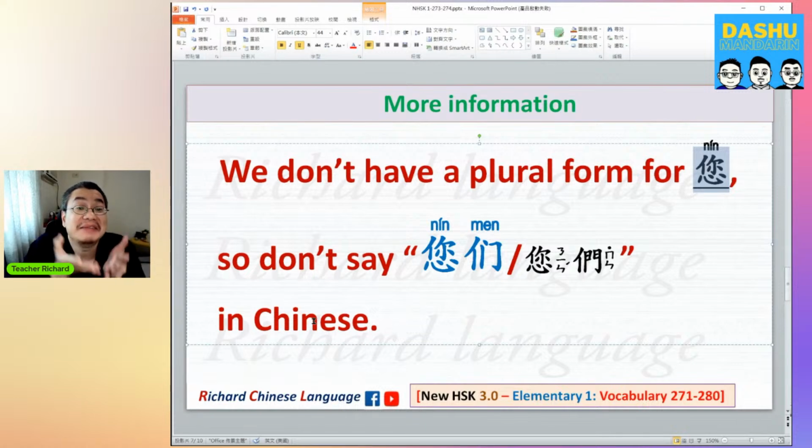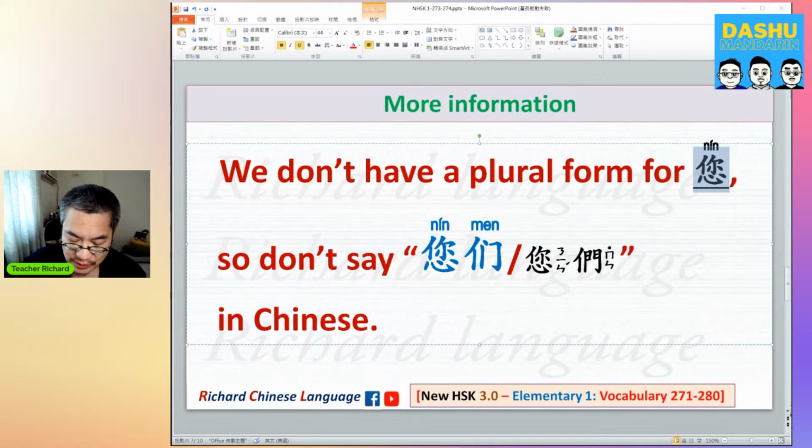We don't say 您们. No. In Chinese, there's no such term, 您们. So when you need to use you in a polite way for a group, we still use 你们. This is something you have to know.